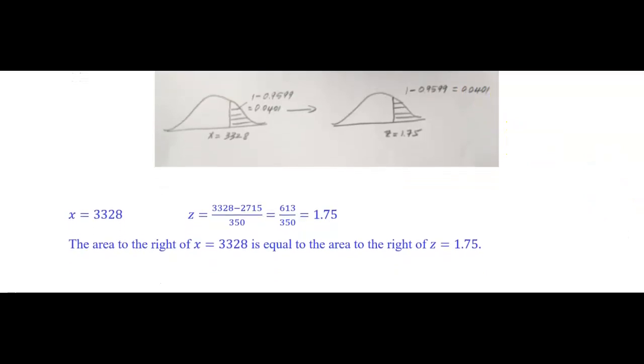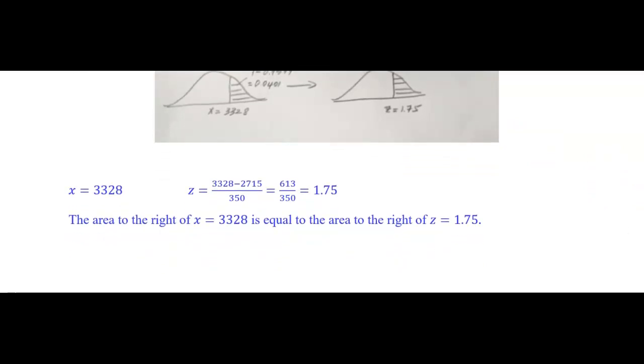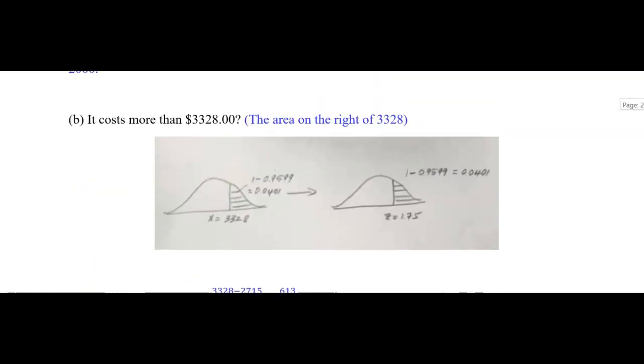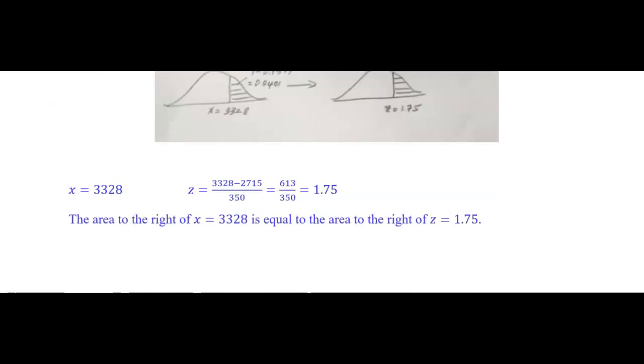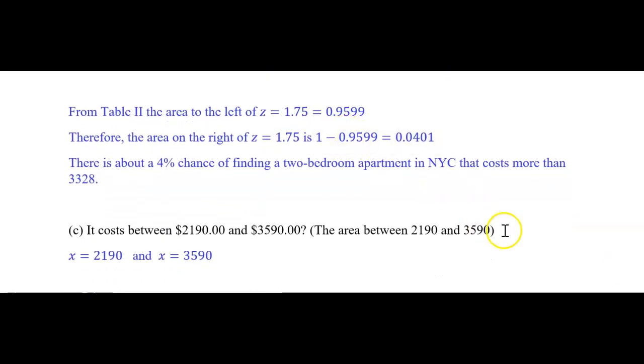So the probability that the apartment rent is more than, or at least, 3328 is 0.0401, right? This is the answer again. But when you're making conversation, you would say, well, there's about a 4% chance of this happening.